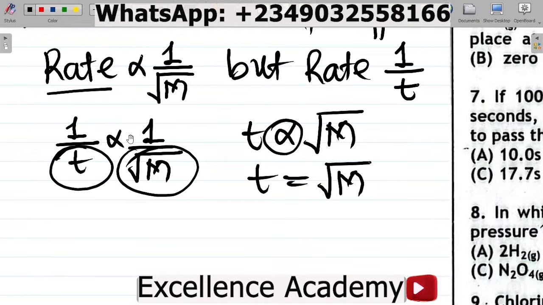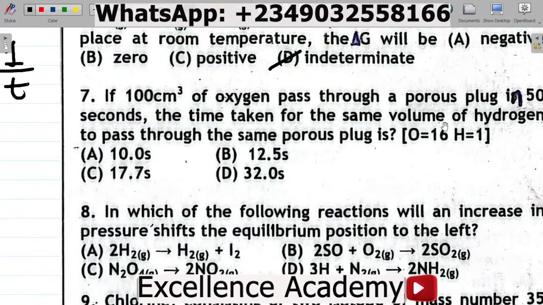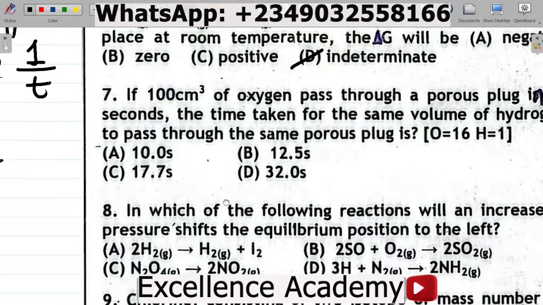Now, looking at question number 7, they mentioned oxygen and hydrogen. So let's take the ratio of their time.